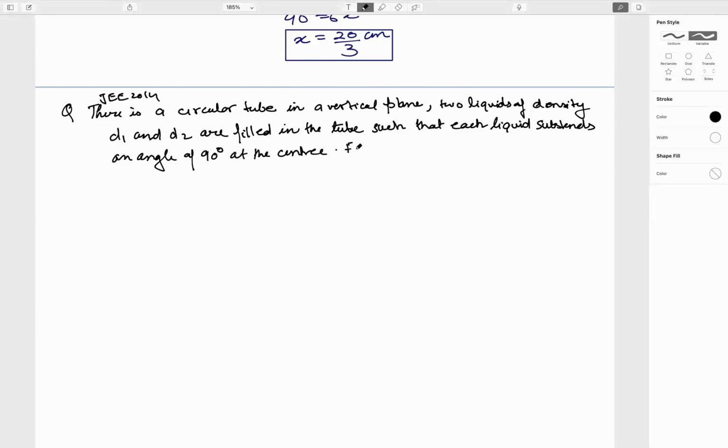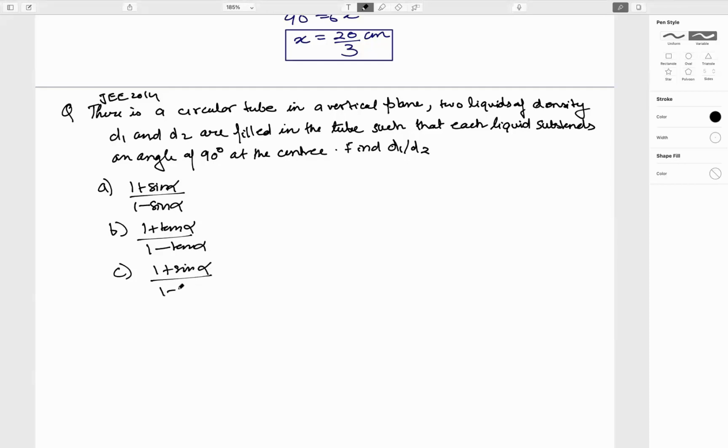We need to find D1 by D2. Options are: 1 plus sine alpha divided by 1 minus sine alpha; 1 plus tan alpha divided by 1 minus tan alpha; 1 plus sine alpha divided by 1 minus cos alpha; 1 plus cos alpha divided by 1 minus cos alpha. So take 2-3 minutes and try this question.